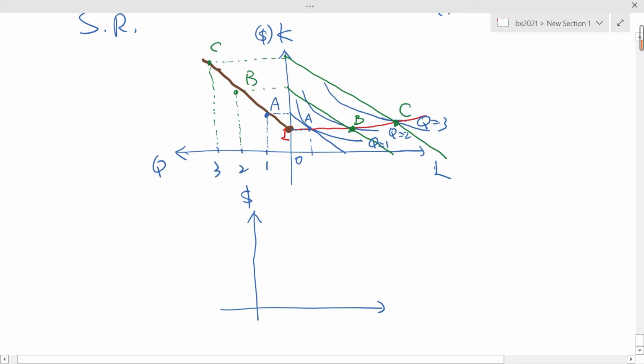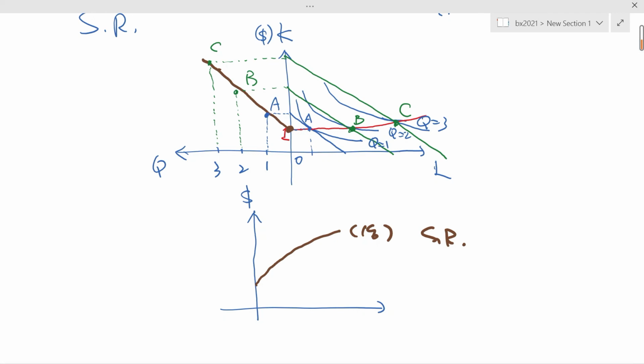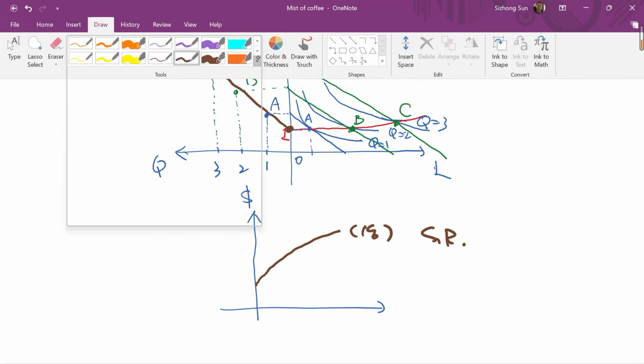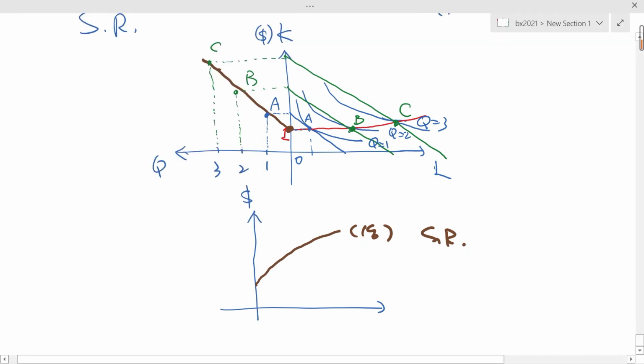Then let's flip this diagram over, so it's something like this. All right, so that's the short run cost function, and I hope you appreciate the process we used to construct it. Again, a key feature here is that in the short run, if we produce nothing, the associated cost is not equal to 0 anymore.